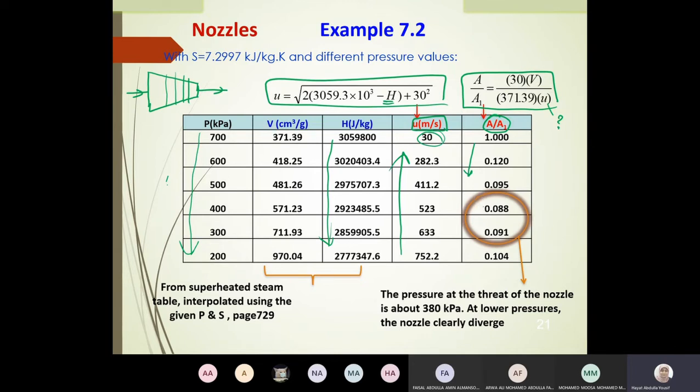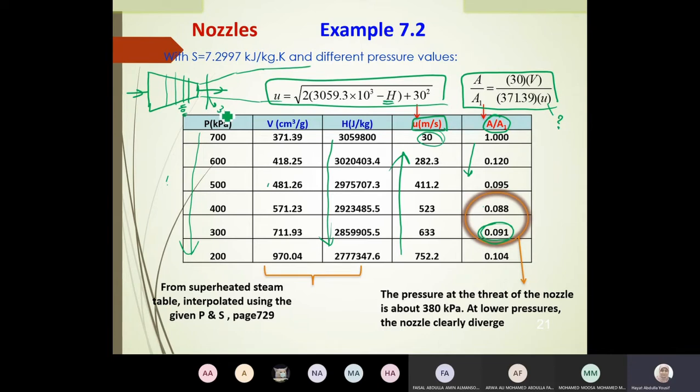But it reached a place, look at that here. When it was 400 kilopascal, I was there. But when it was 300 kilopascal, the ratio just increased. In other words, I shifted to another region, and that region is the diverging section. Diverging means the area increases back again, so that it can be connected to the pipe once again.